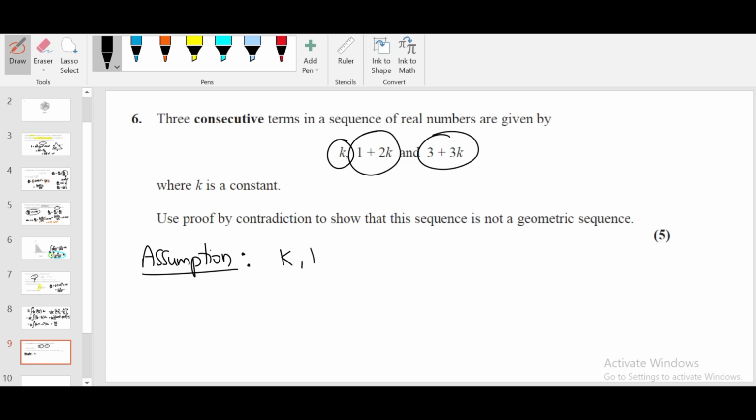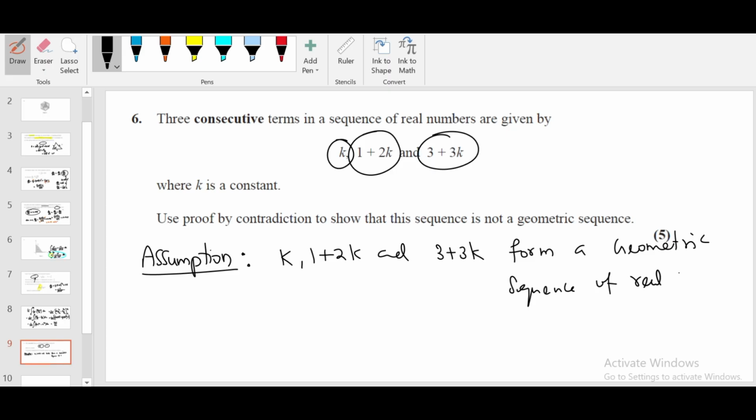So k, 1 plus 2k and 3 plus 3k form a geometric sequence of real numbers. You need to put real numbers. That's very important, because we are going to prove now that k is not a real number.